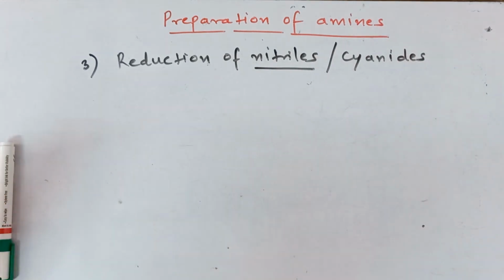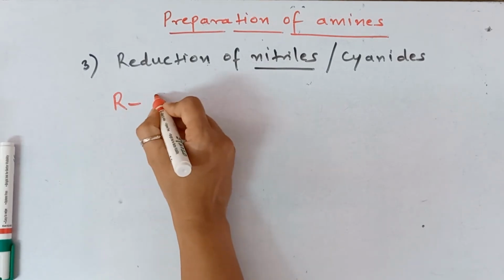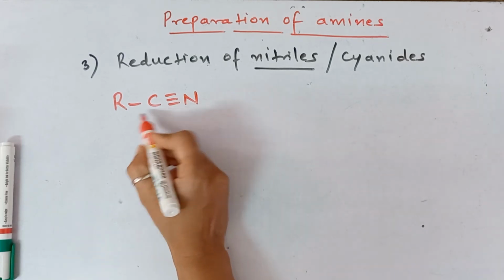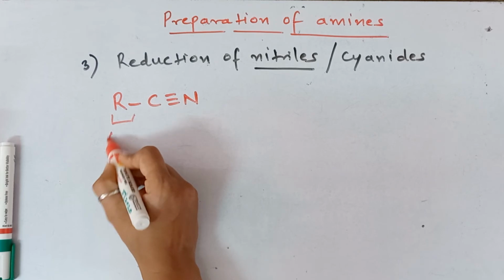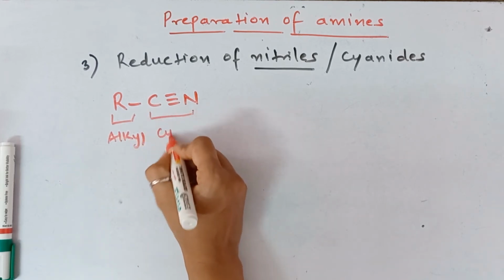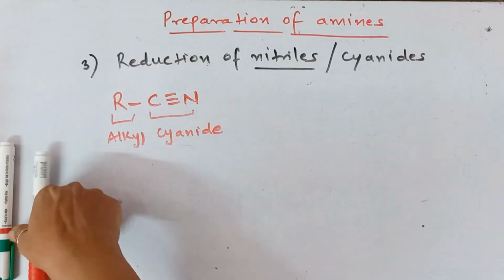Let us take a simple example. If I write RC triple bond N, then this portion will be read as alkyl and this portion will be read as cyanide. This is going to be your common name.